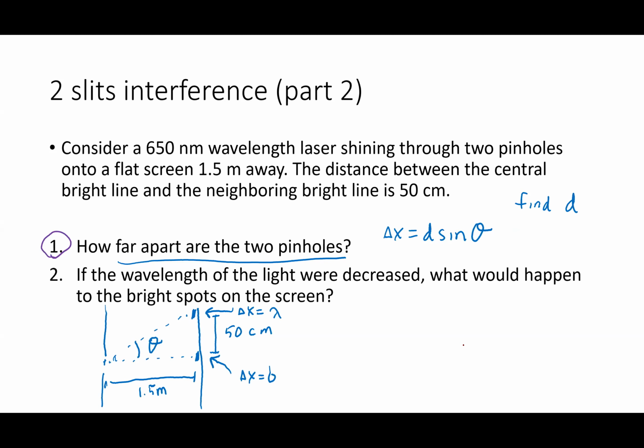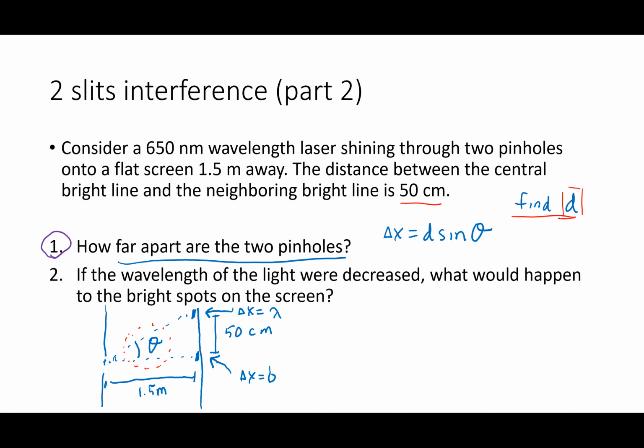Okay, so if I were to instead look at a flat screen and maybe do this whole process backwards, then I could find the distance between the 2 slits, knowing the angle that gives me the bright spot. So in this case, I'm given that the distance on the screen is 50 centimeters. So the first thing I'm going to have to do is find this angle, because the equation I've got tells me about the path difference and the separation between the slits, d being the separation between the slits, the thing I really want to find.